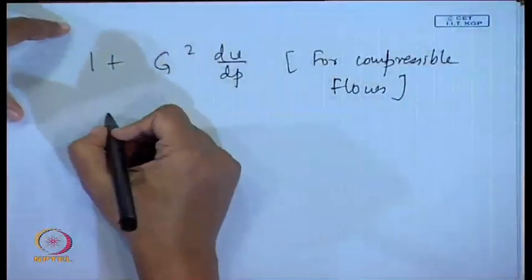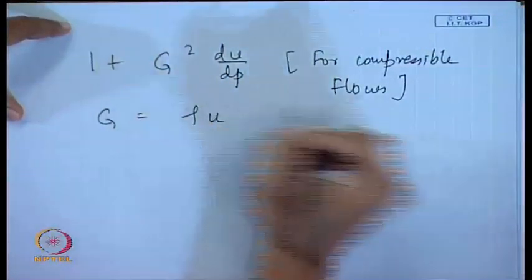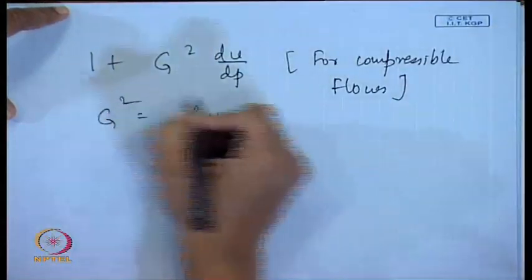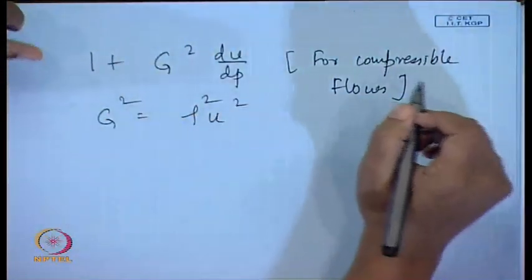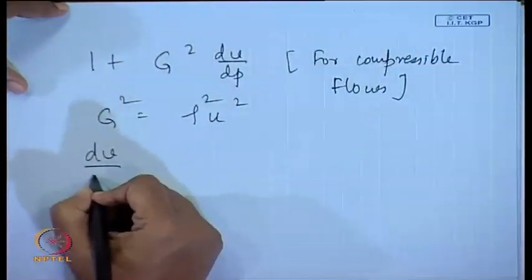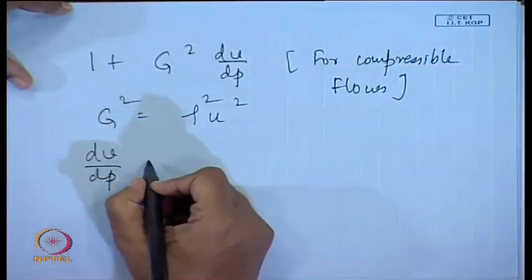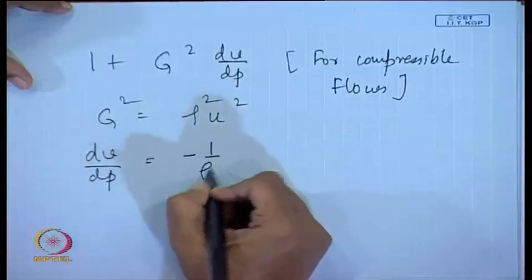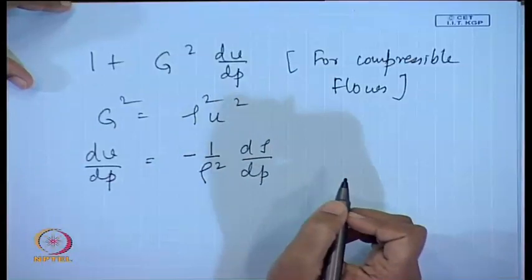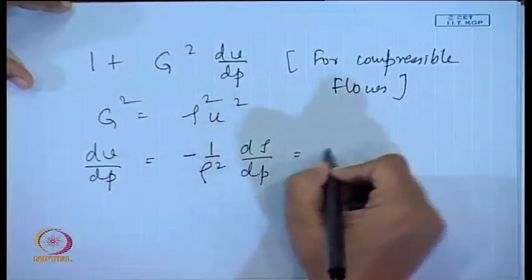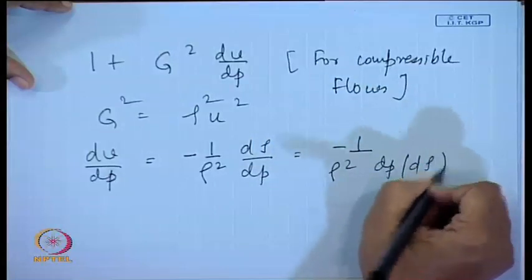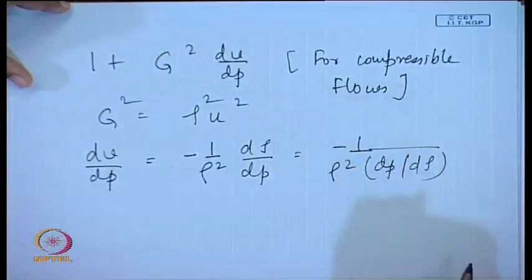Fine. Now, what is G equal to? We know G equals rho u, that we already know, is it not? Or G square equals rho square u square. Fine. And what is this dV dP equal to? This is nothing but equal to 1 by rho square d rho dP, agreed? Can we write it in this particular form?